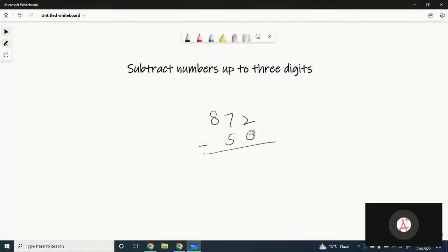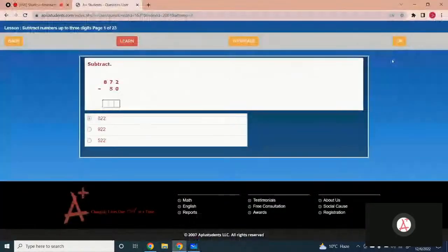You always subtract the smaller number from the greater one. So 2 subtract 0 is 2. 7 take away 5 is 2. And write 8 as it is. So it would be 822. Very good. So the correct option is 822. Just select the correct option and click on the OK button.